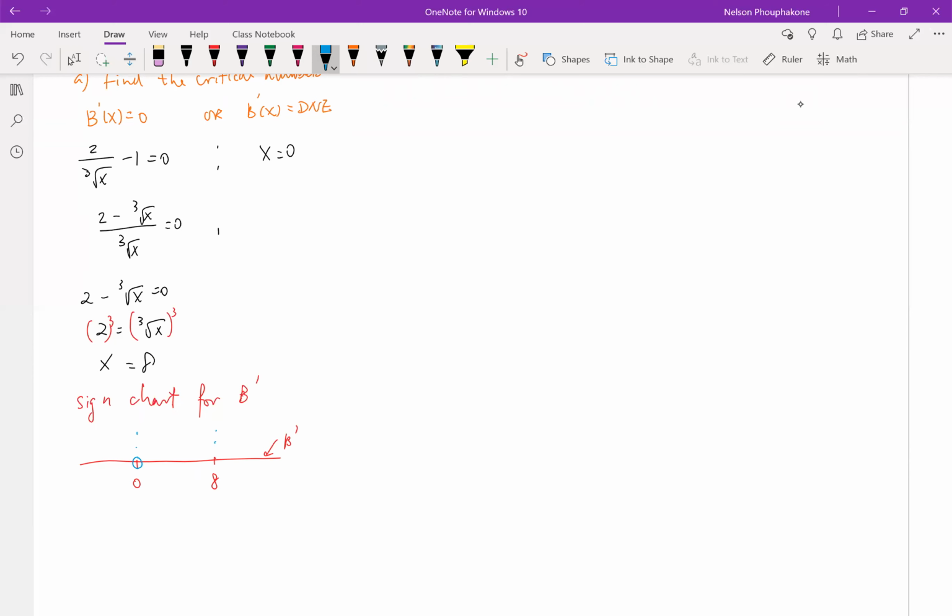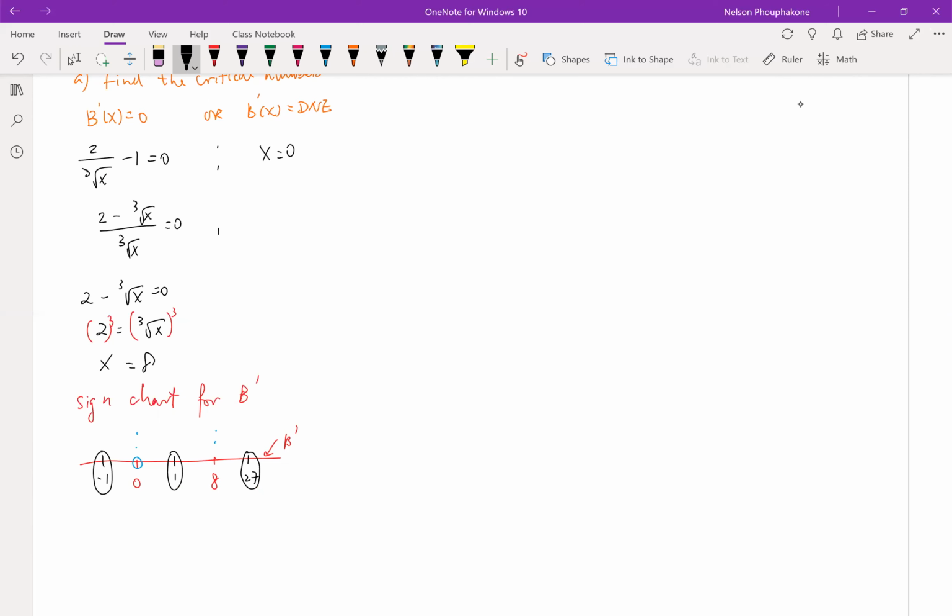Okay, so now what I need to do is plug in some numbers. I could plug in -1 here, and to this one, maybe we could plug in 1 here, and to this one, we could plug in 27.